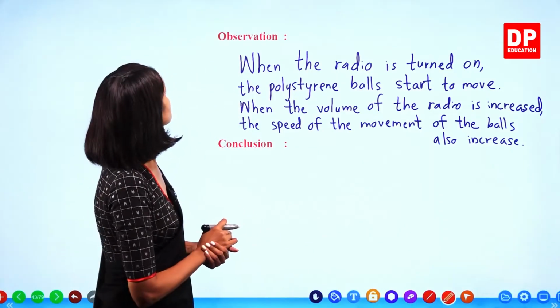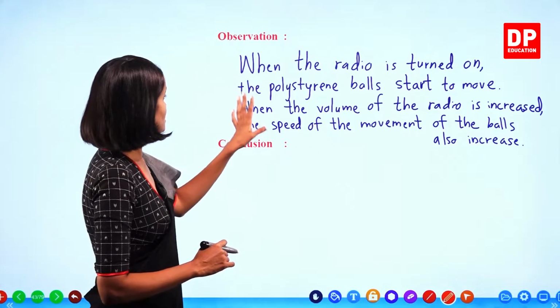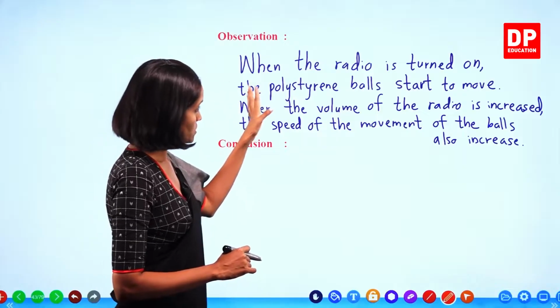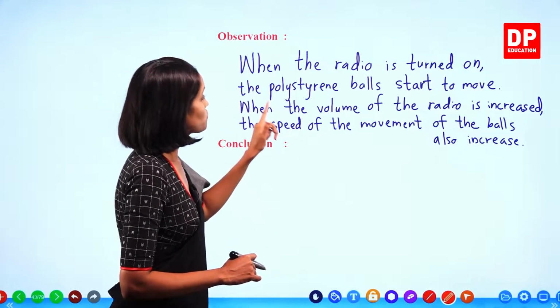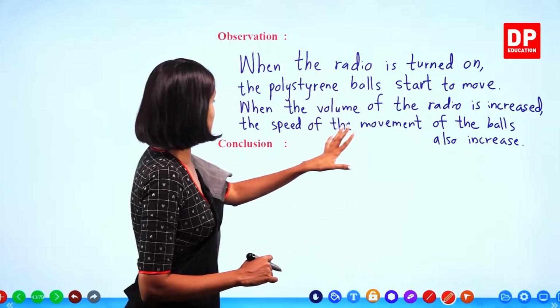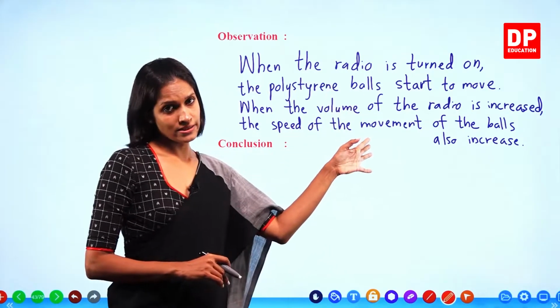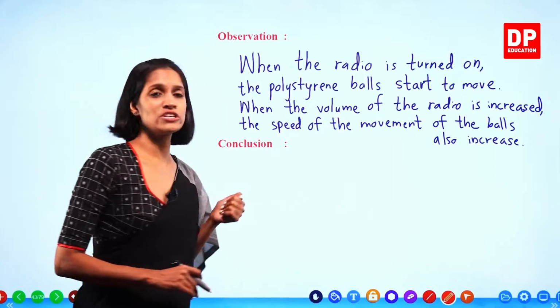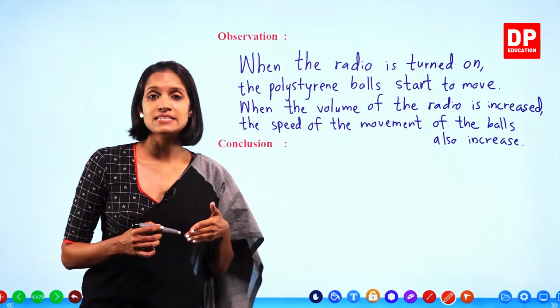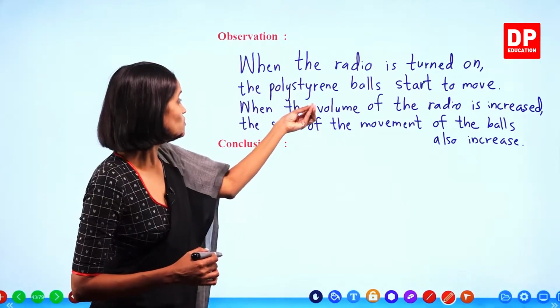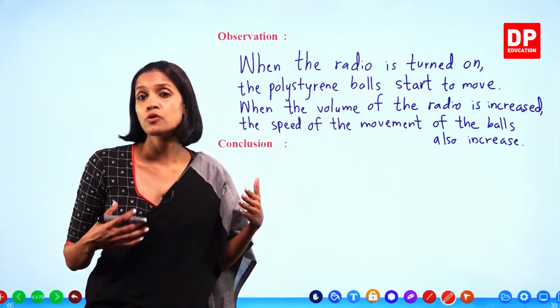Right, children? When the radio is turned on, the polystyrene balls start to move. When the volume of the radio is increased, the speed of the movement of the balls also increase. So what is the conclusion, children? So we can consider moving of these small polystyrene balls is a type of work.